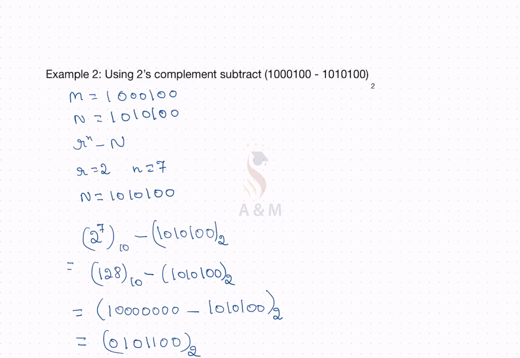Now add m with the complement of n, that is 1000100 plus 0101100. We get 1110000 as a result.